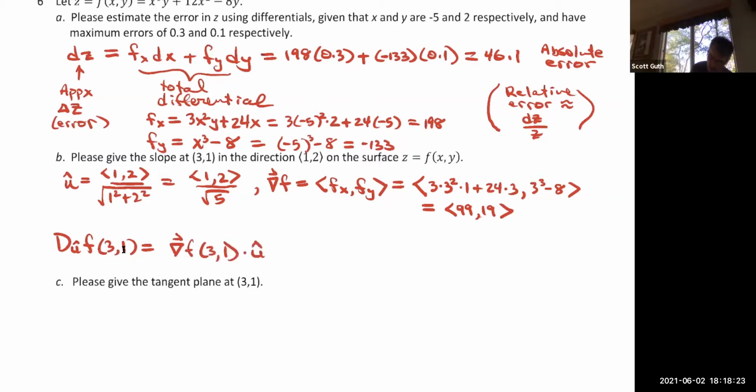That has to be a unit vector. So here we're just doing this vector 99, 19, and dotting it with 1, 2 over the square root of 5. That's pretty straightforward. So I got 137 over the square root of 5, which is 137 root 5 over 5.